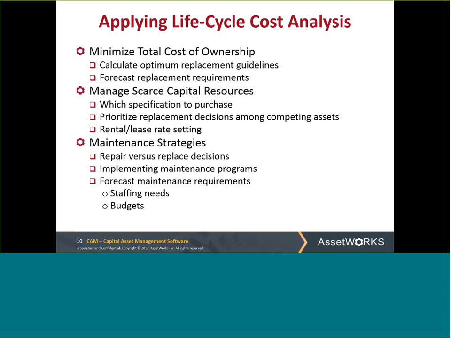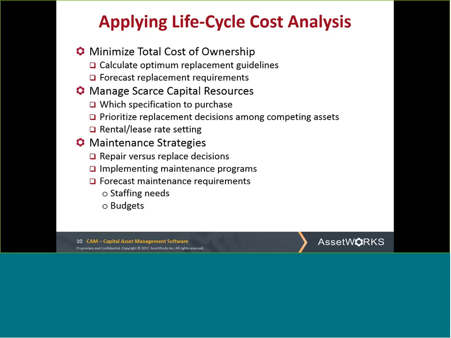And when it comes to managing resources, again, I can use life cycle cost analysis to make a buy decision, which is the better asset to buy. I can also look at two different assets that may need to be replaced and evaluate those independently of each other to see which might be the better one to choose when funding is scarce.